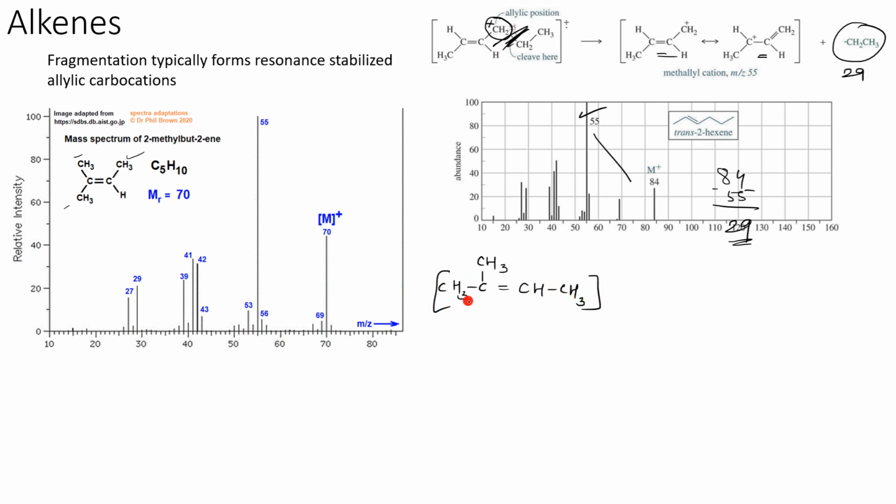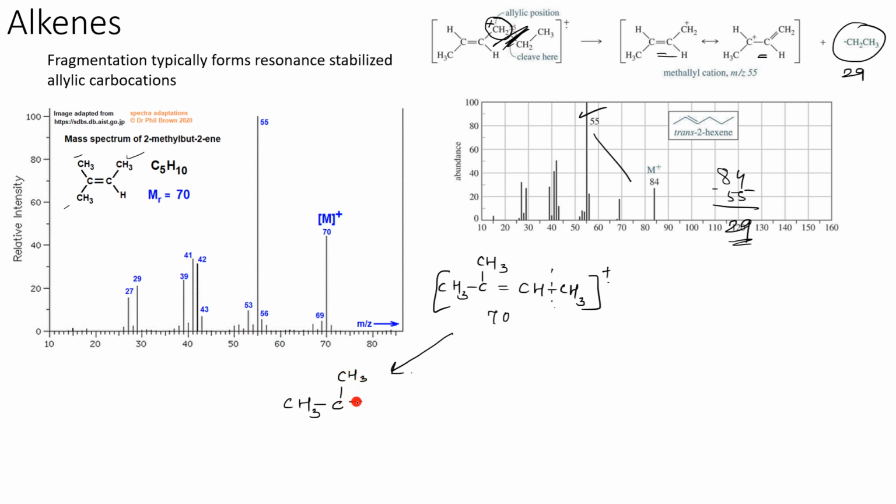This is a radical cation and its m/e value is 70. That is why you get that value. So how can it break? Suppose one fragmentation: we can break it this way, at this carbon atom. So CH3, C, CH3.